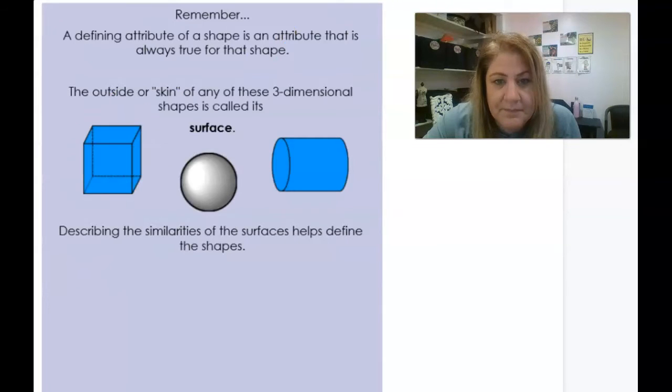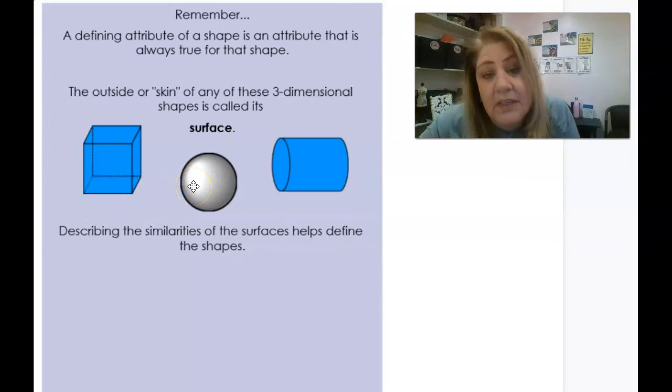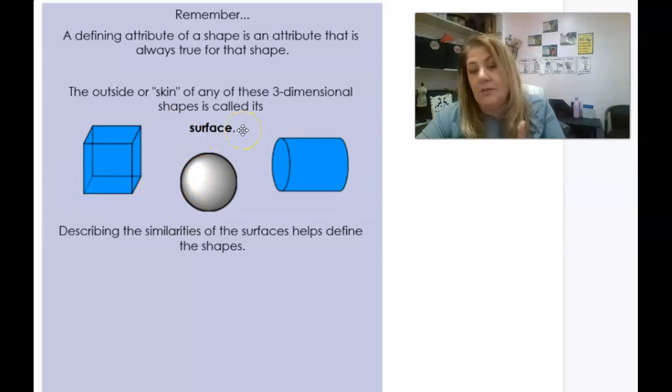Okay. A defining attribute of a shape is an attribute that is always true for the shape. So if it's defining, it has to always be true. Okay. The outside of these shapes, we call that the surface.